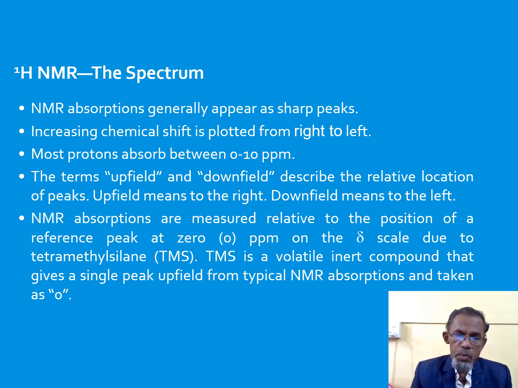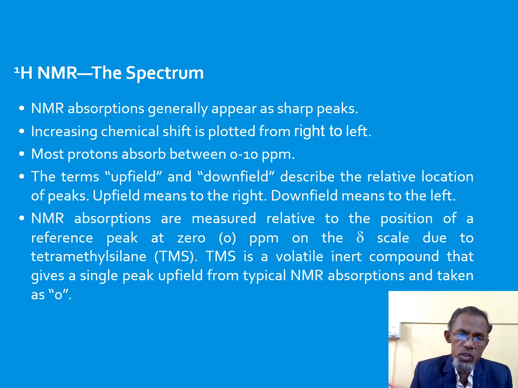NMR absorptions are measured relative to the position of a reference peak at 0 ppm on the delta scale, due to tetramethylsilane. Tetramethylsilane is always used as a standard. The reason is that it is a volatile, inert compound that gives a single peak in the upfield direction of the typical NMR absorption spectrum.